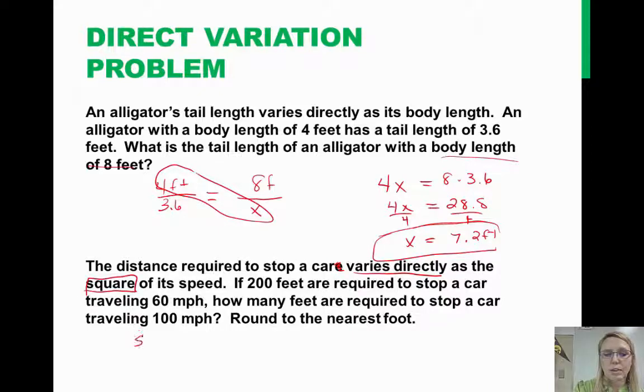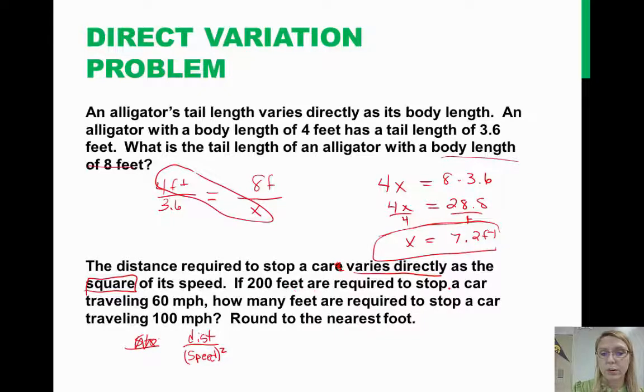So I'm going to say stopping distance, we call it distance, varies directly with the square of its speed. So I'm going to say speed on the bottom, and we're going to square that. When we set this up, we need to remember to square the speed part of it.